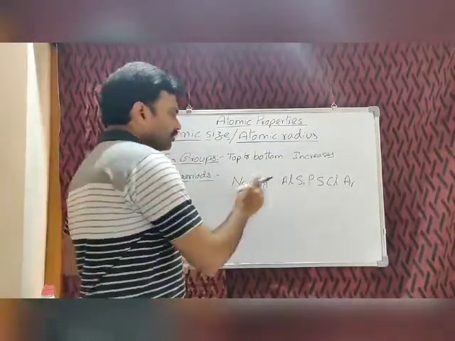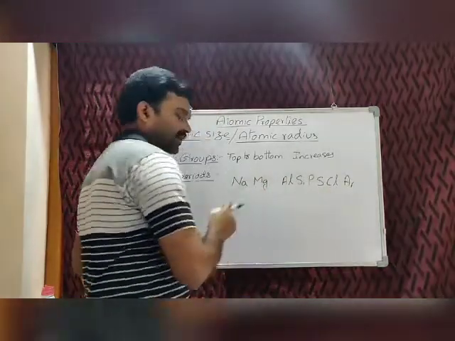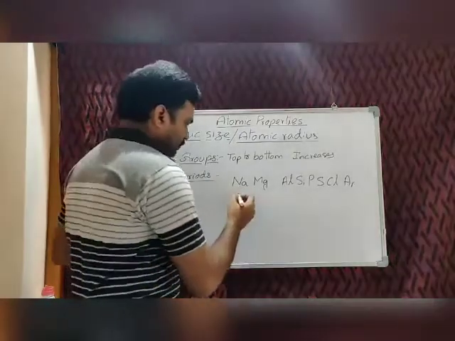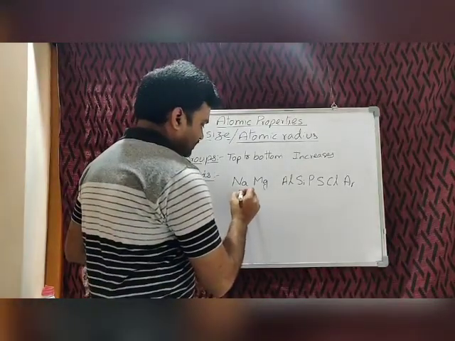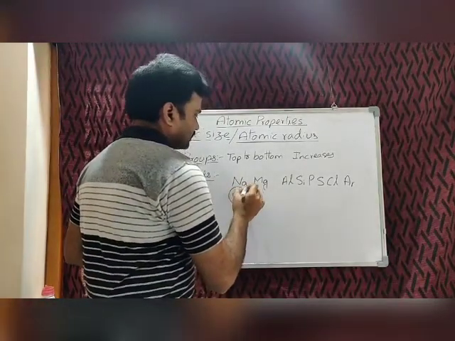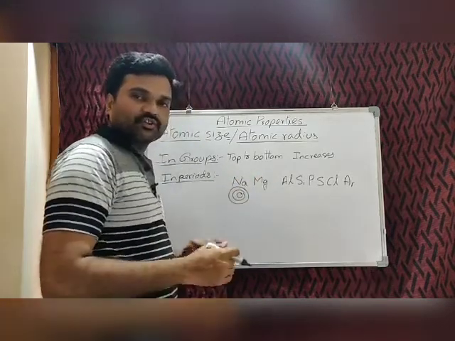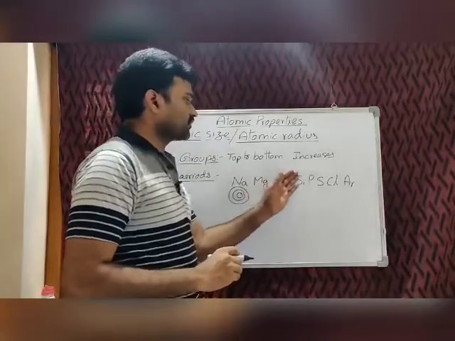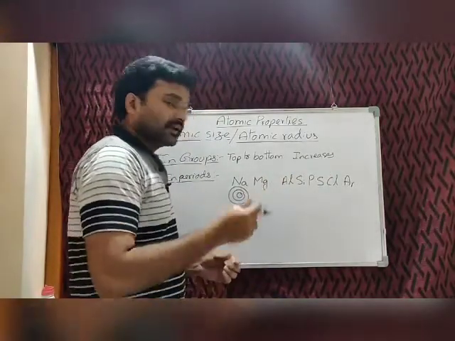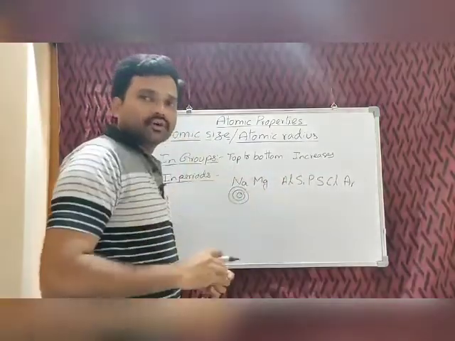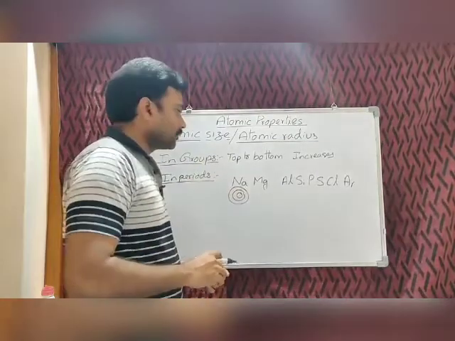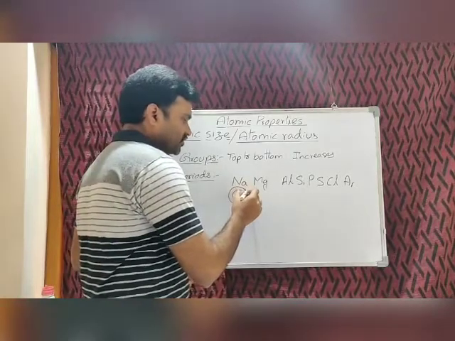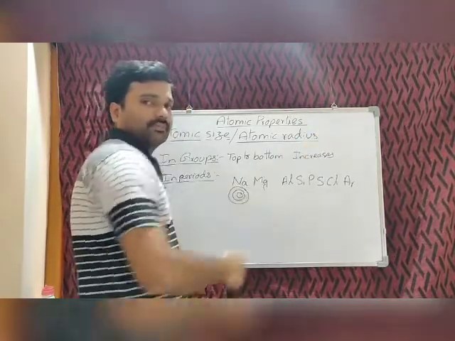Interestingly, all the elements in the period contain the same number of energy levels. Sodium has 3 shells. If you observe magnesium, 1s2, 2s2, 2p6, 3s2, 3 shells are there for magnesium also. And the same for all the remaining elements, they contain electrons in 3 orbits around the nucleus. But the number of electrons in the valence shell varies from element to element.